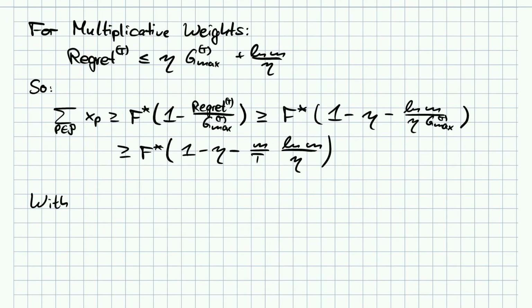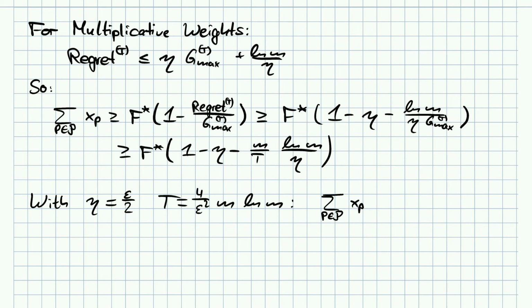So what we could do is choose eta to be epsilon over 2 and t being equal to 4 over epsilon squared times m times ln m. Then how big is this?